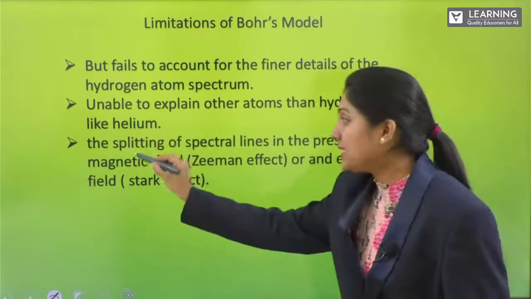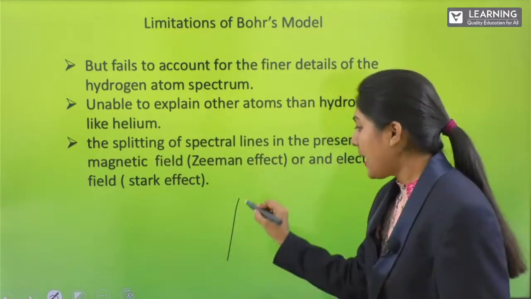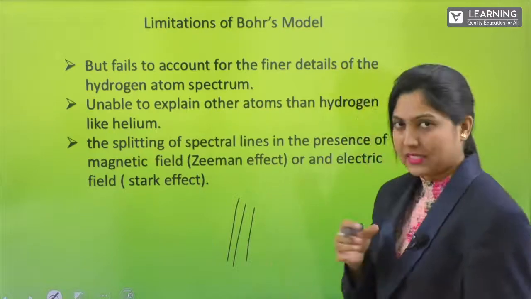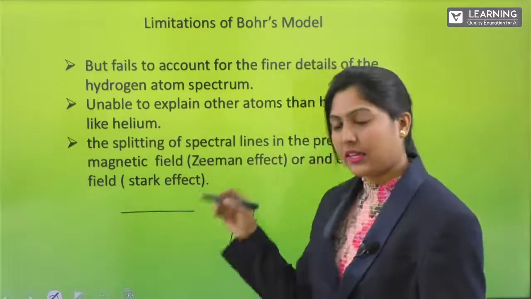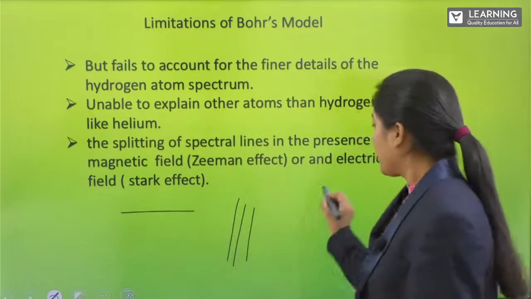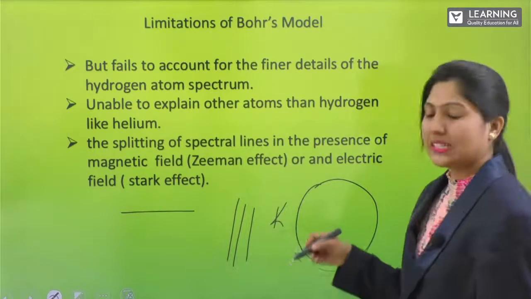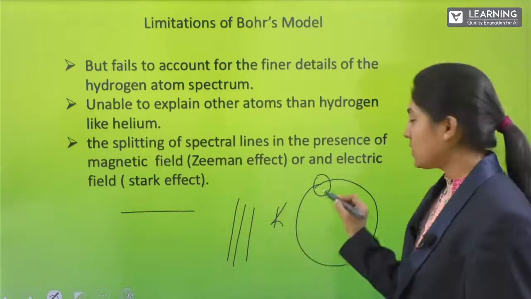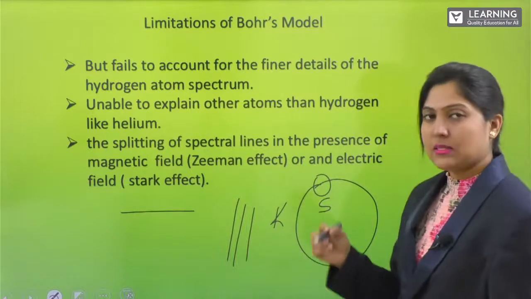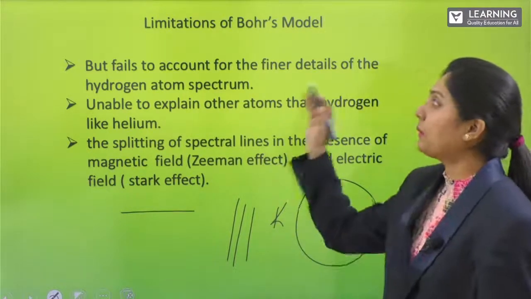And the splitting of spectral lines, as we know, has 3 splits. For example, if this is a K shell, or we also call it the K orbit, in this we have orbitals which are represented by S, P, D, F, and those are not explained by Bohr.